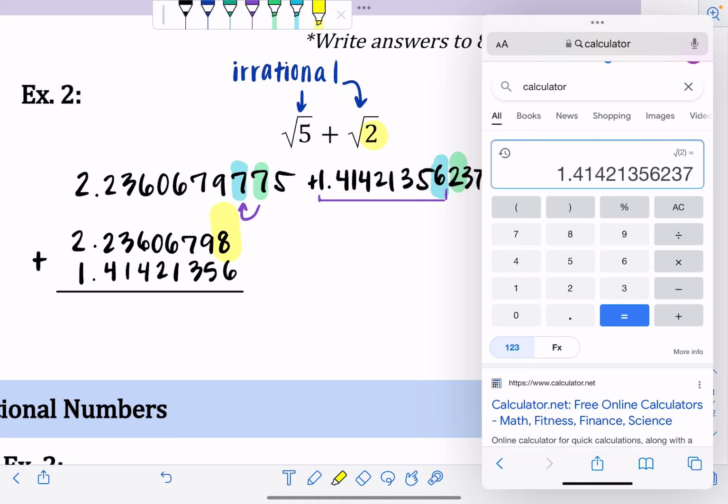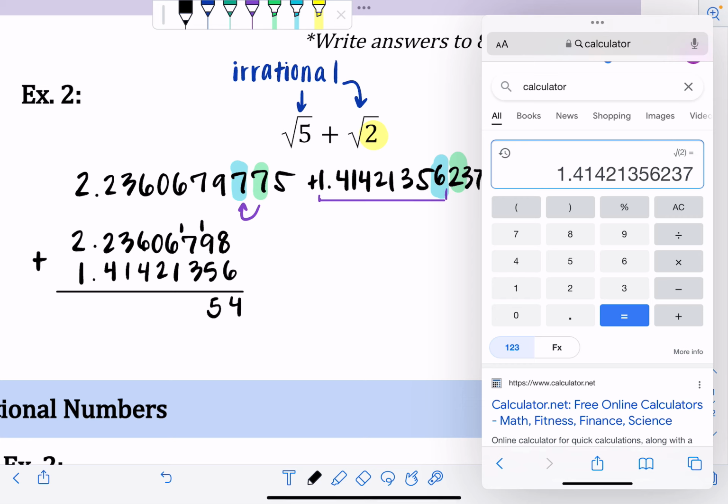So first I'll do 8 plus 6, which is 14, and then I have to carry the 1. And then next I have the 9 plus another 1 plus 5 is 15. And then I have to carry a 1 again.